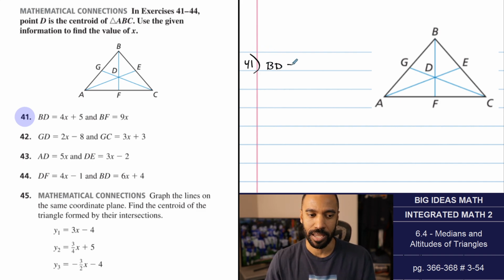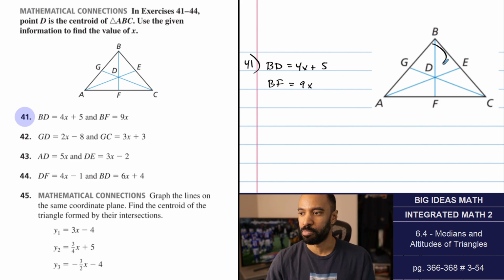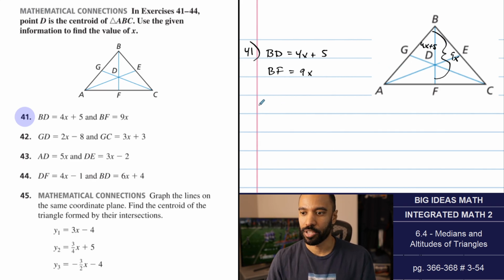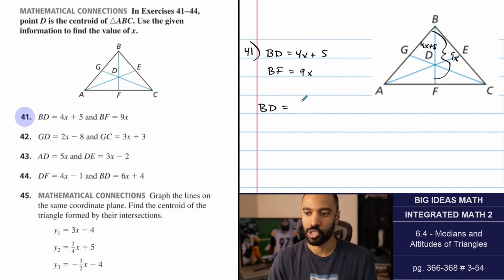Length of BD is 4x plus 5, and BF is 9x. I guess I get to label here now. So BF is 9x, BD is 4x plus 5. Okay, so BD is 2/3 of BF.